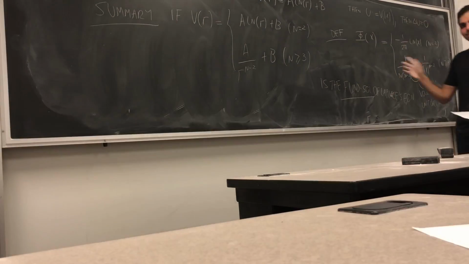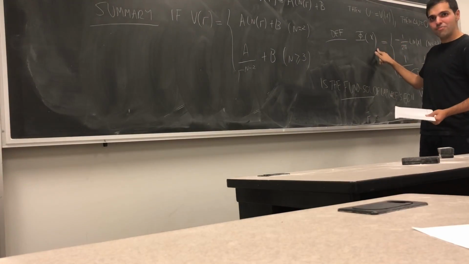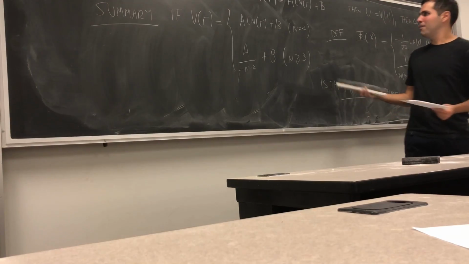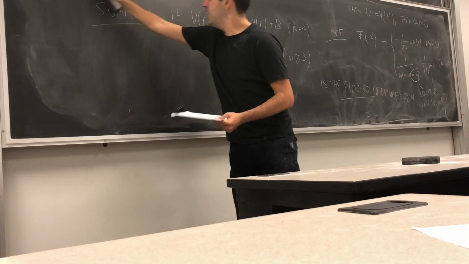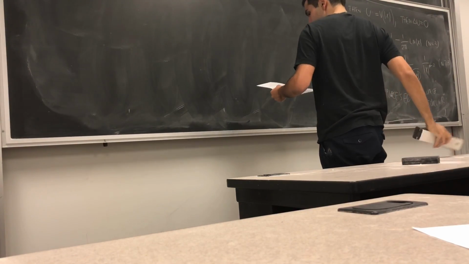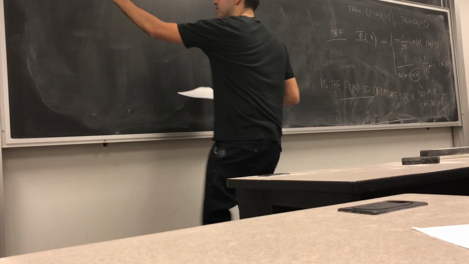Second of all, it turns out that with this fundamental solution, you can actually solve other kinds of Laplace's equations, namely something that's called Poisson's equation. So let me just write down this little fact.